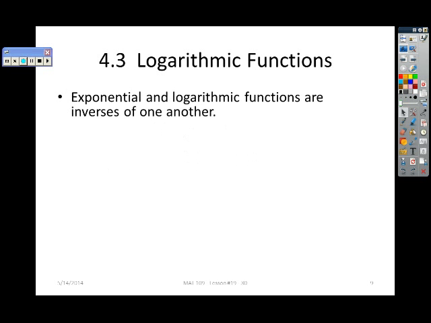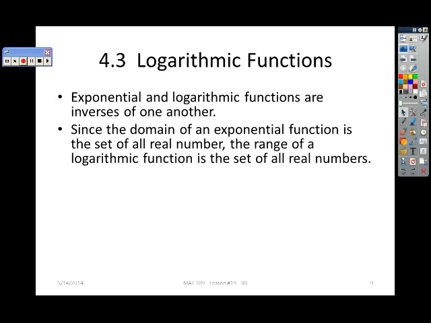Exponential and logarithmic functions are inverses. We talked about inverses yesterday. If you take 2 inverse functions, if you calculate one function, use that to go into the other function, you'll get back to where you started from. That's what inverses do. So the exponential function we looked at a couple of days ago and the logarithmic function we're looking at today are inverses.